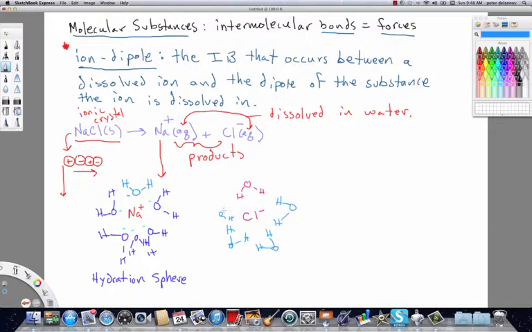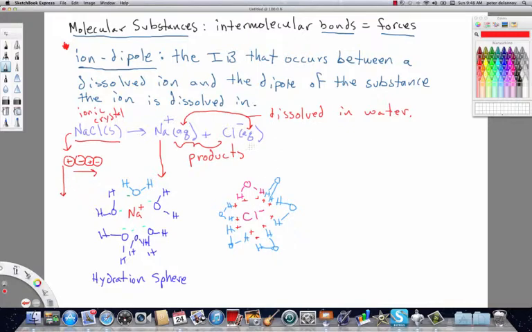And again, my artwork may not be the best, but there should be 6 of them here, so I'll squeeze another one in. Now we have our little positive hydrogens faced in towards the chloride anion. So there's a difference in the orientation of the water molecules.